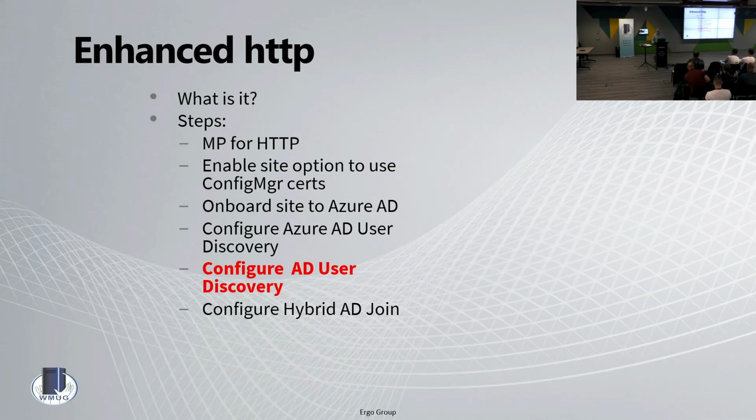Okay, and then you need to configure Azure AD Join. Now, that sounds like a big thing, doesn't it? But it isn't. It absolutely isn't. If you're working in a place that's already got Office 365 in place, that means you've more than likely already got Azure AD Connect synchronizing your users to Azure AD.